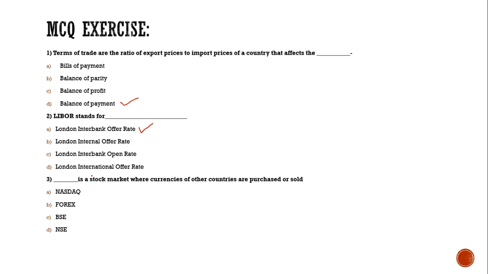And the third one was dash is a stock market where currency of other countries are purchased or sold. The correct answer for that is Forex. I hope everyone has got the first three answers right. We'll jump on to the next MCQ exercise.